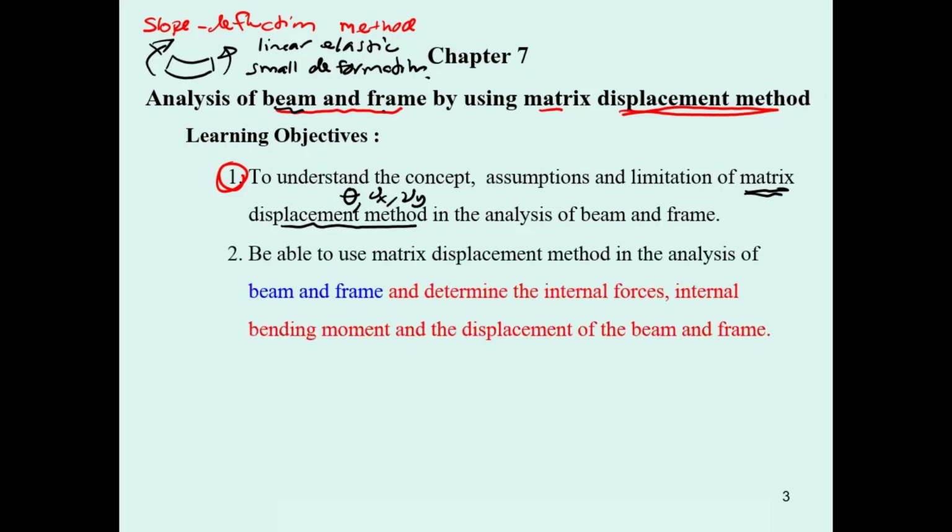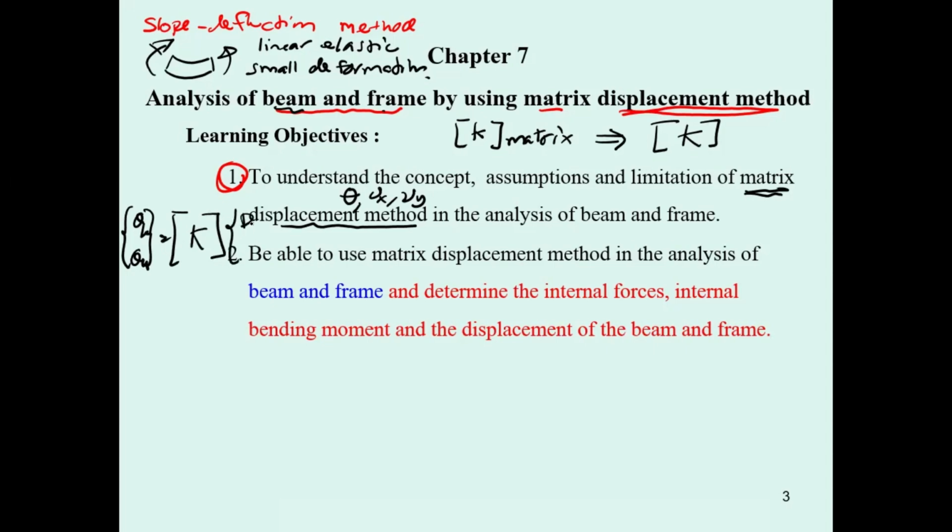After we derive all the small k matrices, we will assemble them into the capital K matrix. Then, based on the known force and the unknown force, we relate them to the capital K matrix in order to determine the unknown displacement.